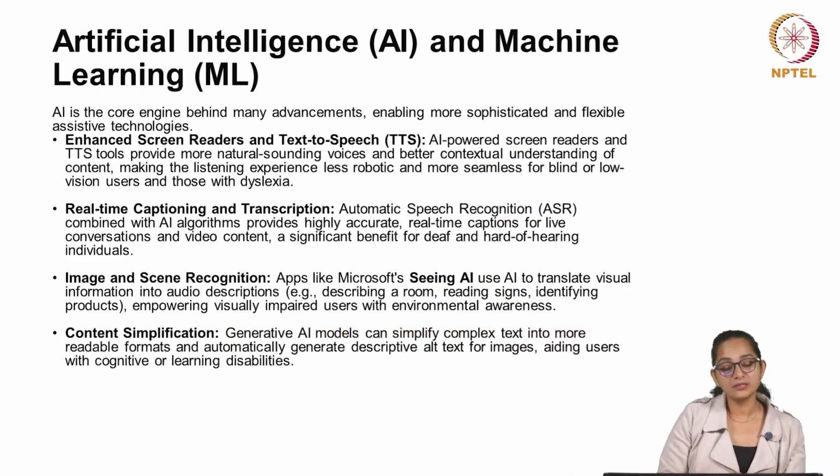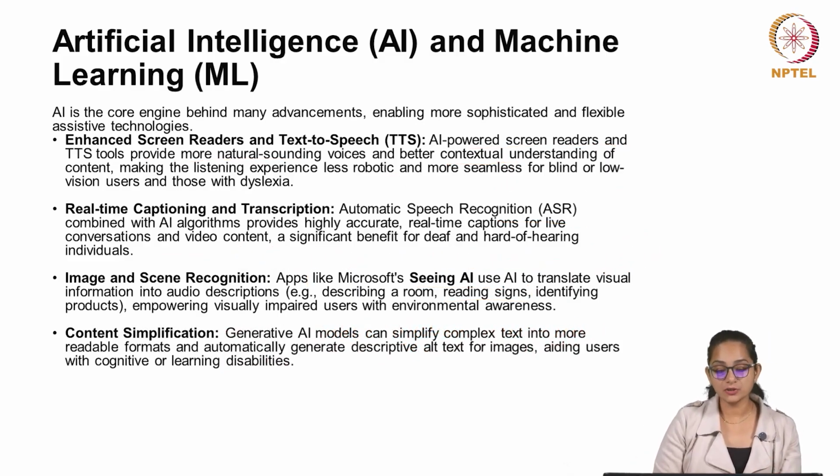So the last point is content simplification. Generative AI models can simplify complex text into more readable formats and automatically generate descriptive alt text for images, aiding users with cognitive or learning disabilities.